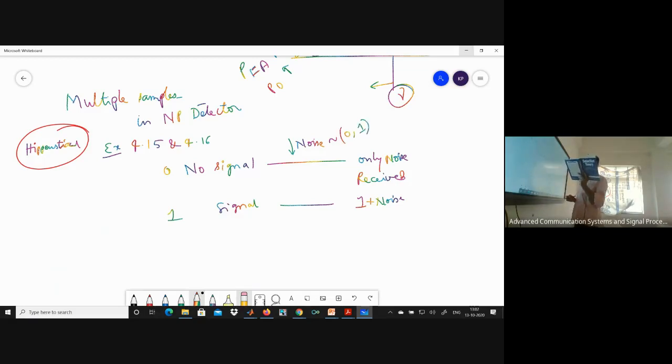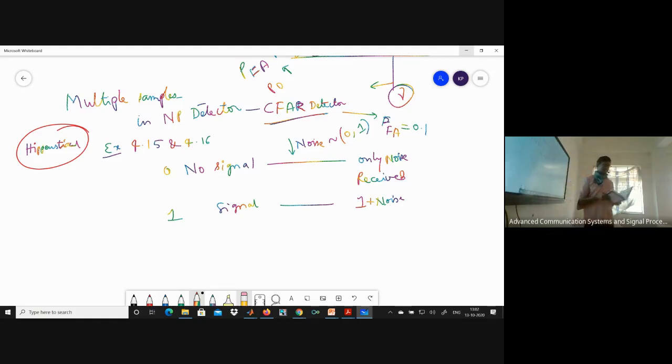We want to design a constant false alarm detector, CFAR, which is the other name for the Neyman Pearson detector, with probability of false alarm equal to 0.1.